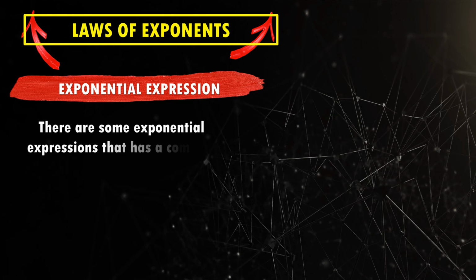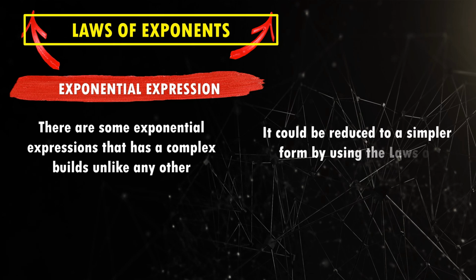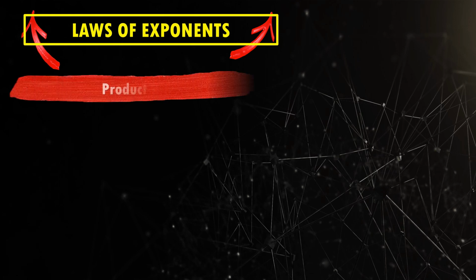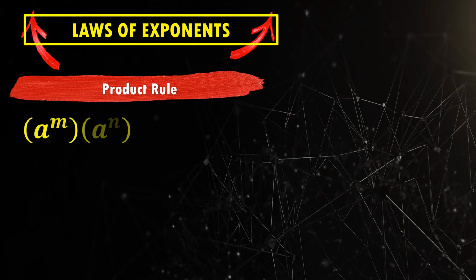So there are some exponential expressions that have a complex build unlike others. It could be reduced to a simpler form by using the laws of exponents. The first law of exponent that we discuss is the product rule. So ito yung magiging formula natin sa product rule, wherein we have a raised to m times a raised to n is equal to a raised to m plus n.